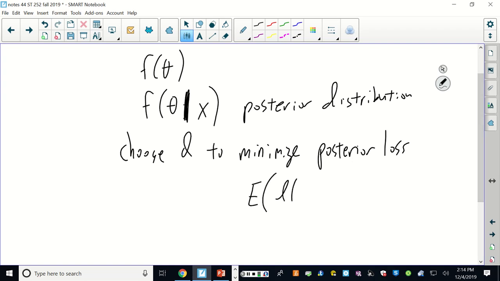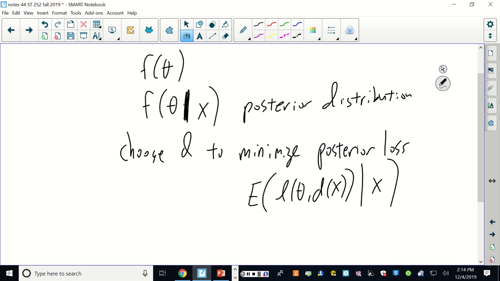I'm going to write this down. This expectation means the average loss given a posterior distribution of the data.